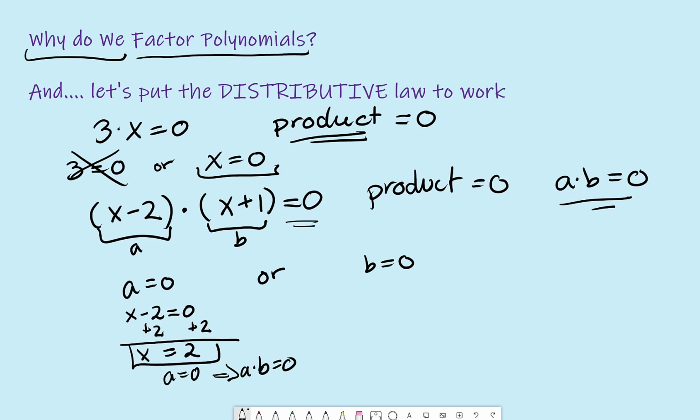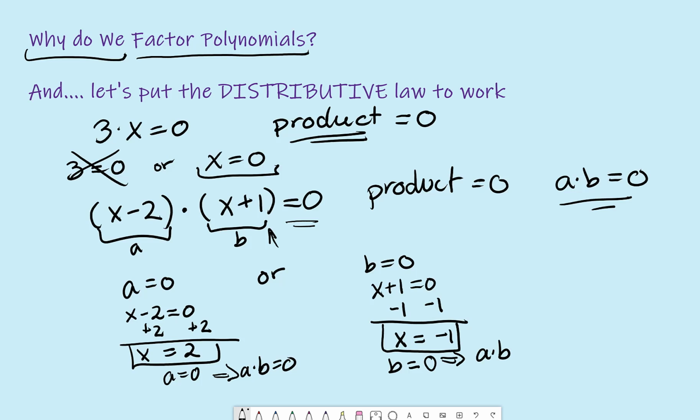What if B equals 0? That would mean x plus 1 equals 0. Let's subtract 1 from both sides, and we get x equals negative 1. So that's our second solution. When x equals negative 1, B equals negative 1 plus 1, that's 0, and then A times B equals 0.